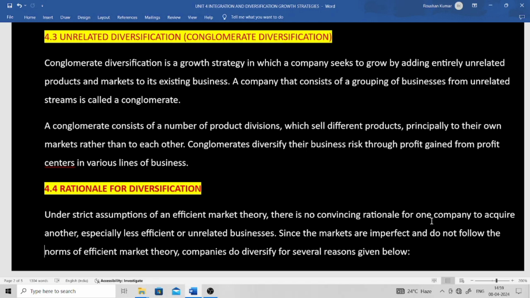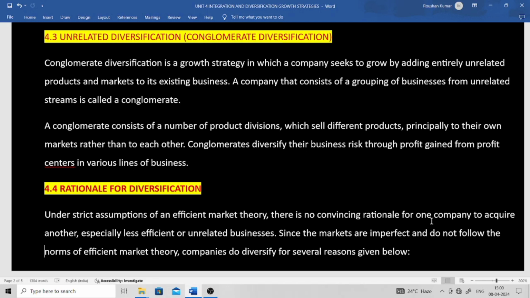A conglomerate consists of a number of product divisions which sell different products principally to their own market rather than to each other. Conglomerates diversify their business risk through profit gain from profit centers in various lines of business. So that's all about unrelated diversification, also known as conglomerate diversification.